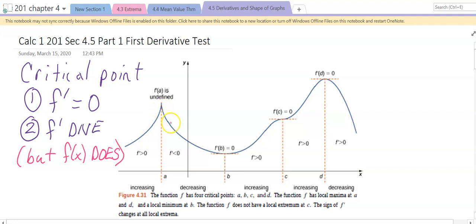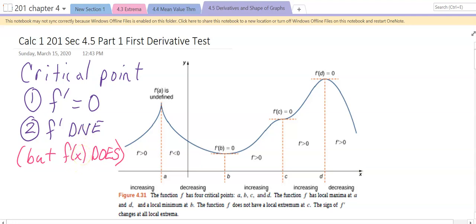This cusp corresponds to a point where the first derivative does not exist, but the function is defined there. That is not a hole in the graph, nor is it a vertical asymptote. So we can have a corner or a cusp or a point where the tangent line goes vertical. All three of those would correspond to places where the first derivative does not exist, but the function does.